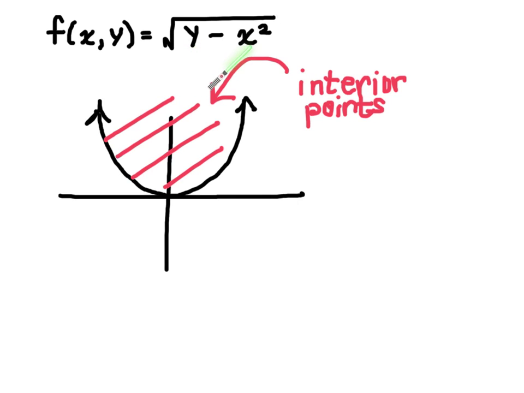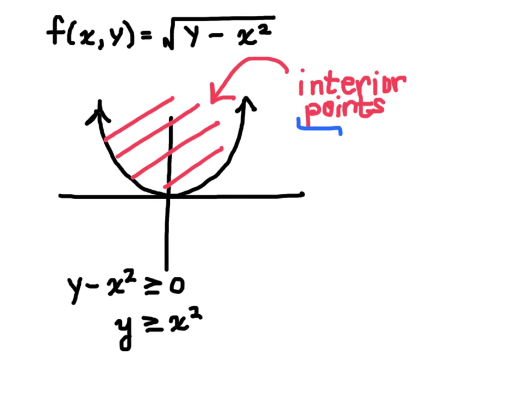In this case, our radicand must be greater than or equal to 0, which means that y minus x squared must be greater than or equal to 0, which means that y must be greater than or equal to x squared. In this case, our interior points satisfy the condition that y minus x squared is greater than 0. That is these interior points here.